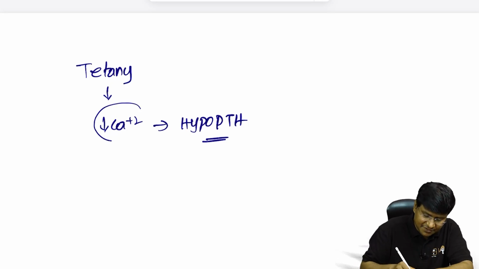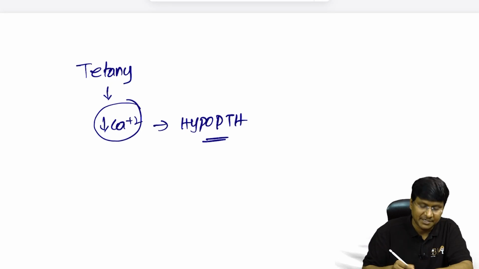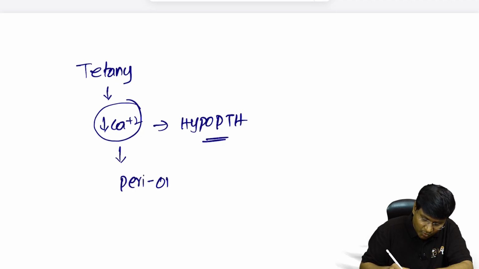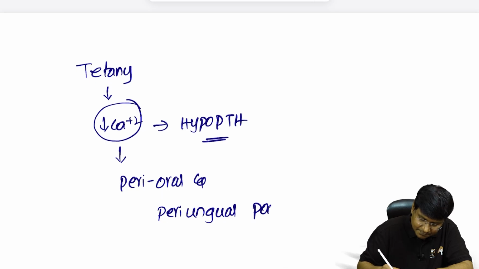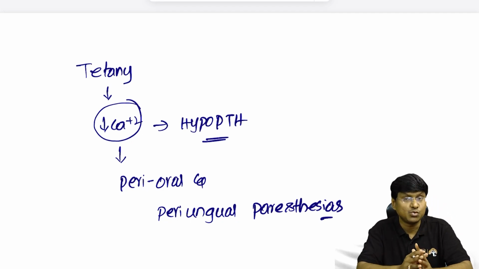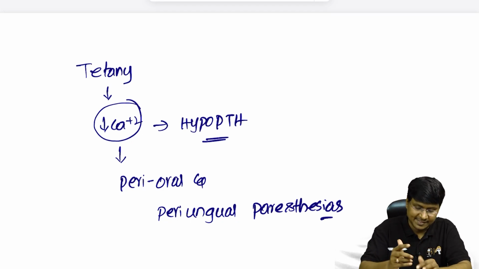Then what are the other features that you will have in case of hypocalcemia apart from tetany? There will also be perioral as well as periungual paresthesias. That is what you will observe in case of hypocalcemia.